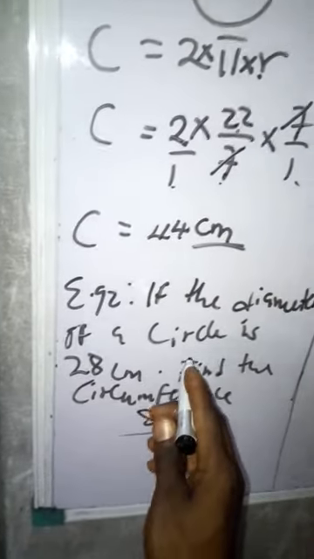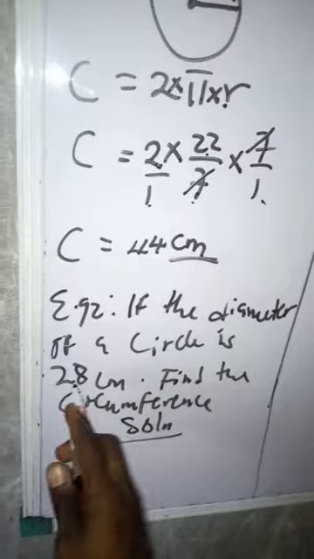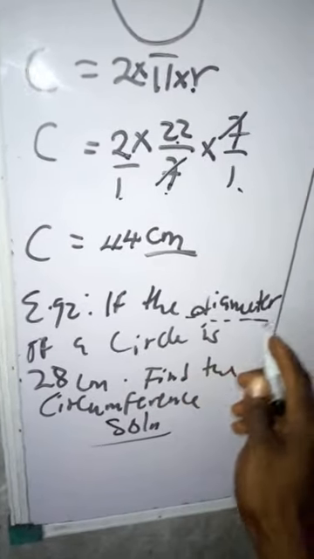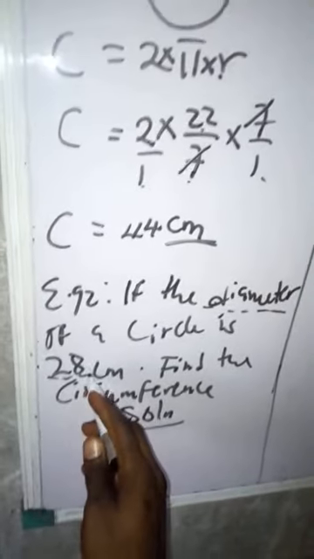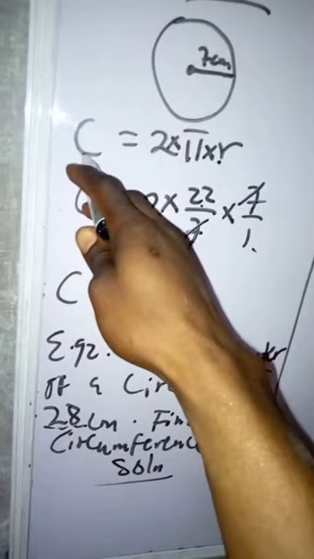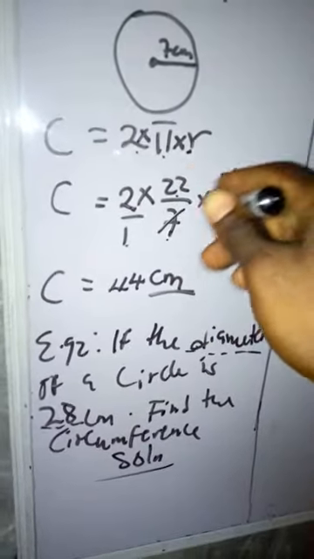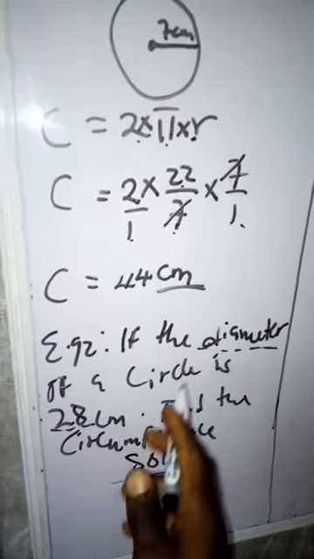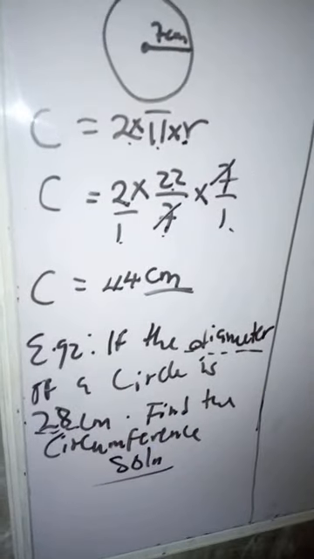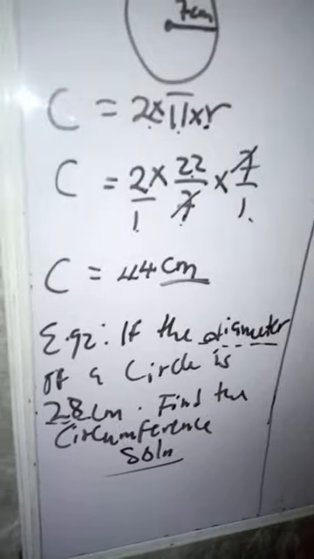Now, they told us that the diameter of this circle is 28 cm. But in our formula, what we have is 2 pi r. Radius is what is there. Diameter is not there. So if they give you diameter, you use that formula that I taught you before to get radius.